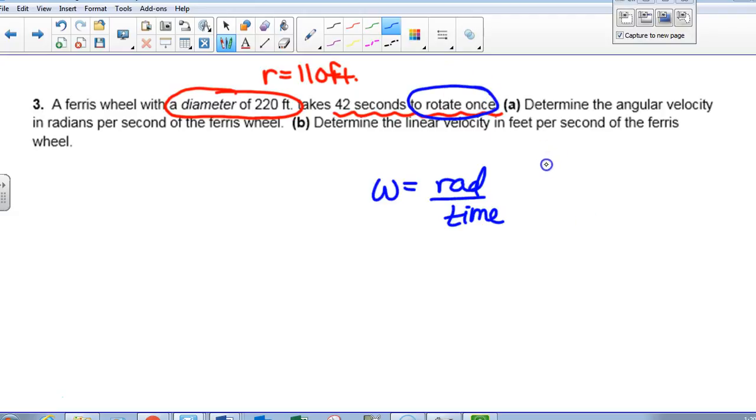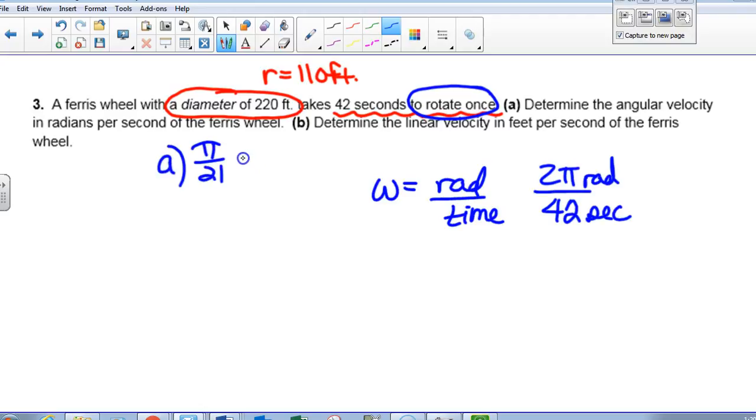Rotates once. That's 2 pi, right? So what's the time it takes to rotate once? So there's an angular velocity. It says in radians per second, which we just did. You could reduce that. You could write it as pi over 21, or you could give me a decimal. I don't care.